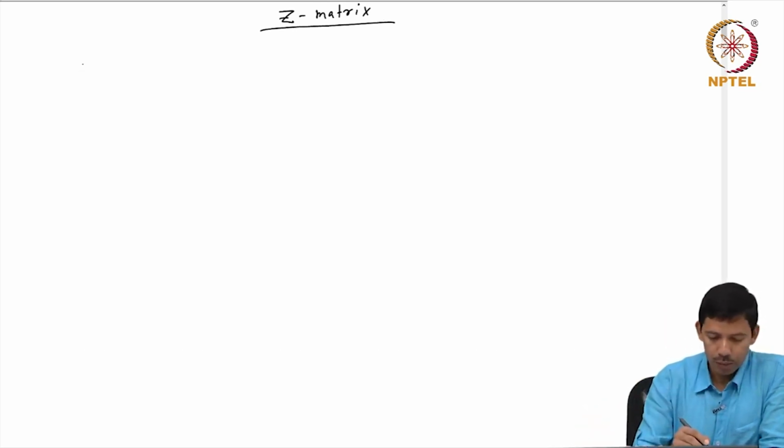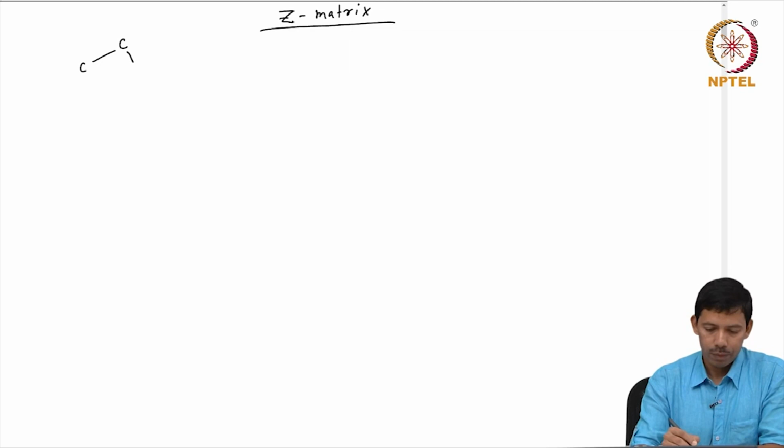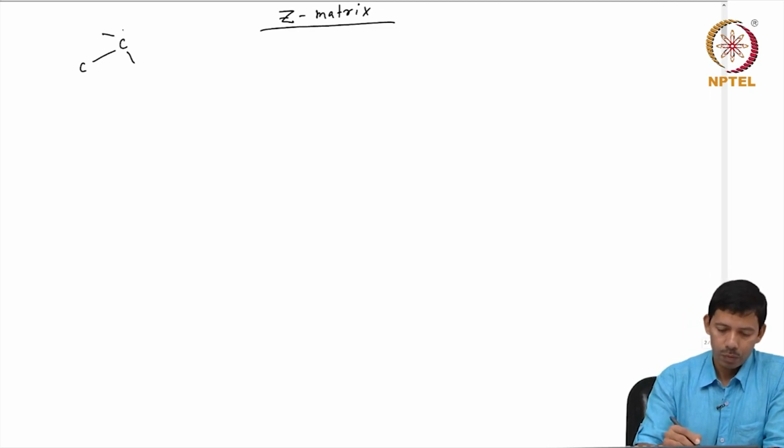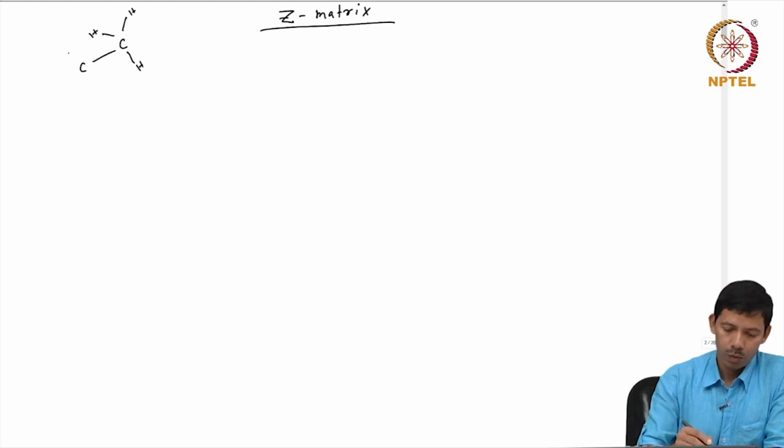So ethane, I have a carbon, I have another carbon, and I have CH3 here and the CH3 here.